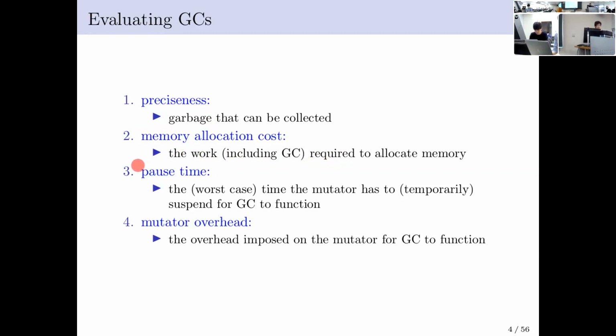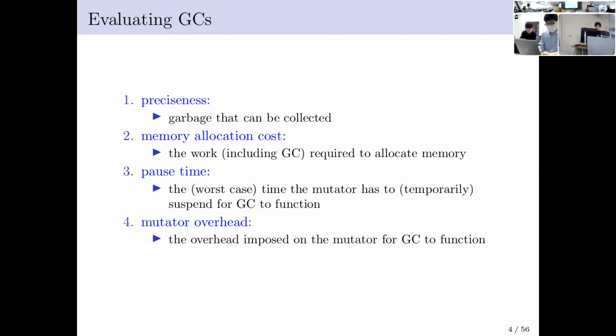Yet another is something called the pause time: the time the mutator, the user program, has to temporarily stop for the garbage collection to function correctly. We usually talk about the worst-case time the user has to stop. The basic thing is that garbage collection will be working on the user-allocated memory.